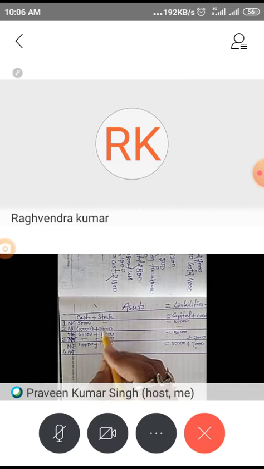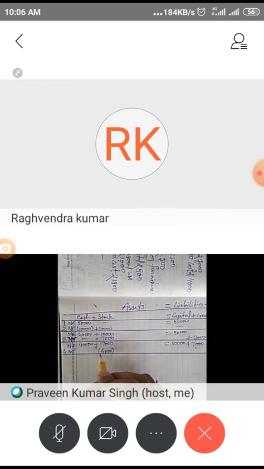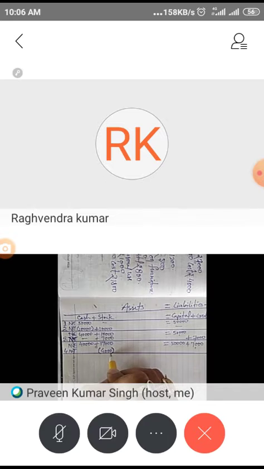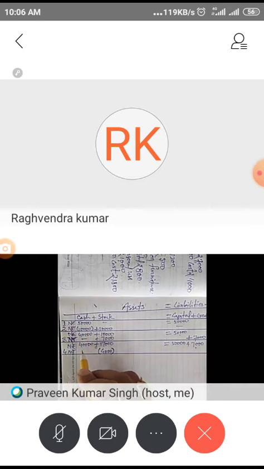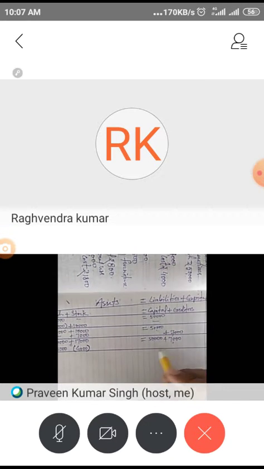So from stock I will deduct cost of goods 4,000 only, and bracket denotes negative, minus, and cash is coming in my business 5,000, so it will be plus. And in capital we will add profit of 1,000.